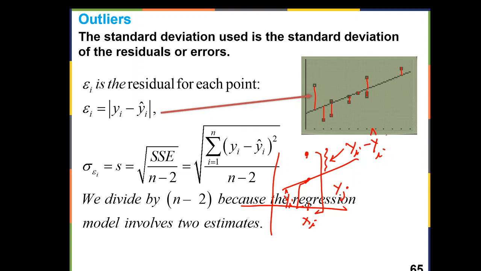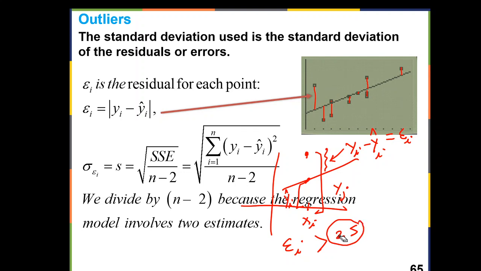So that's the error. Now, as I just discussed, if the error is greater than 2s, then the point is an outlier.